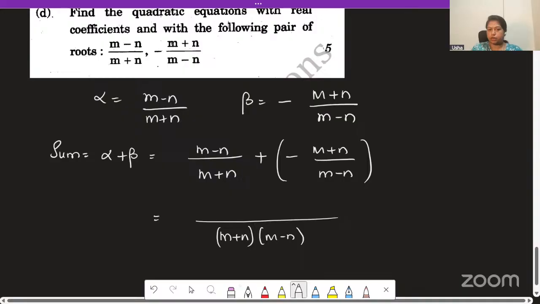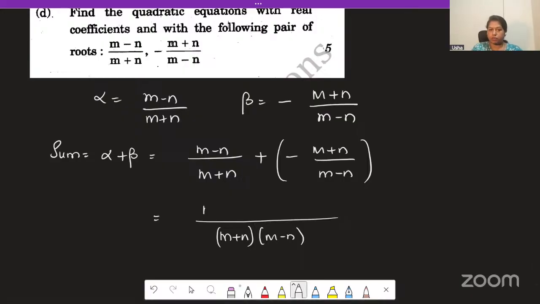Now this numerator is to be multiplied with this denominator, which is m minus n into m minus n, which is m minus n square, plus, now we should multiply this with this along with the minus sign. So m plus n into m plus n, but with a minus sign. That minus comes here: minus m plus n whole square.